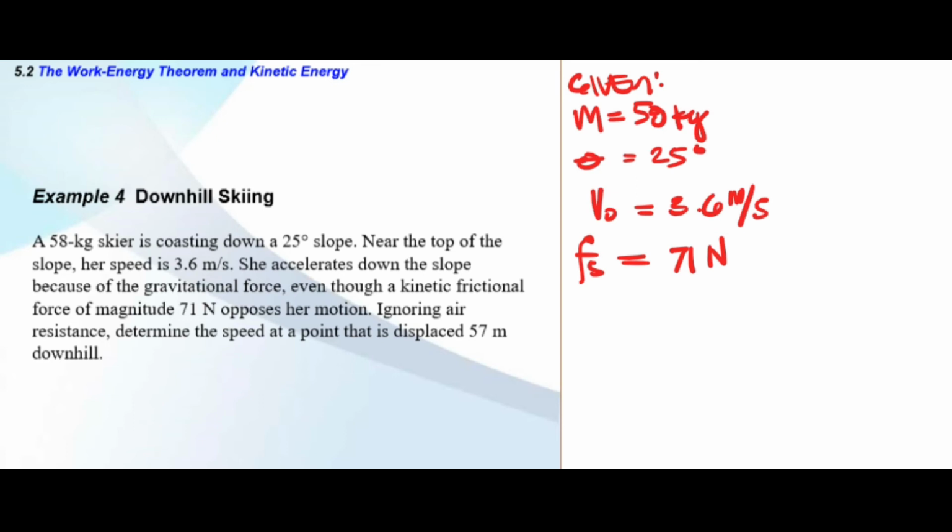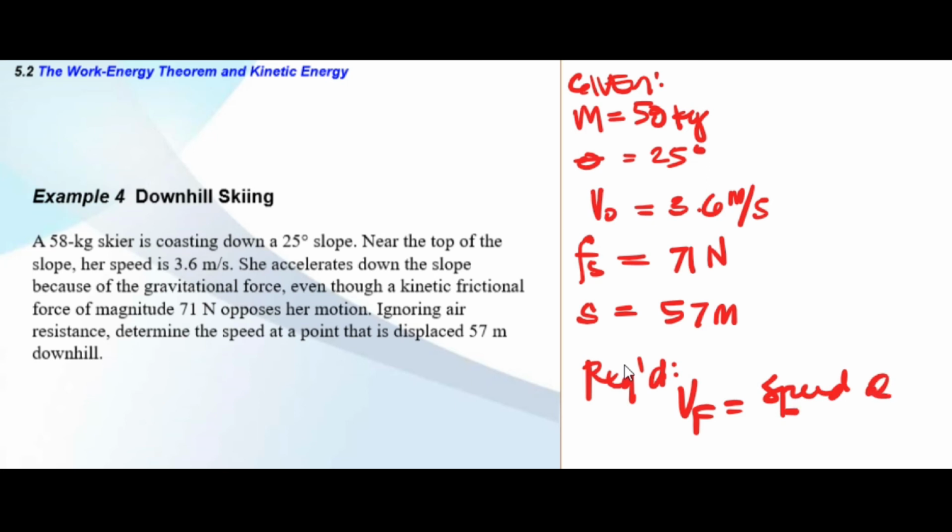So the displacement is 57 meters, and we are being asked for the final velocity, or the speed, at the 57 meter mark, when the skier reaches a displacement of 57 meters. Those are the given.